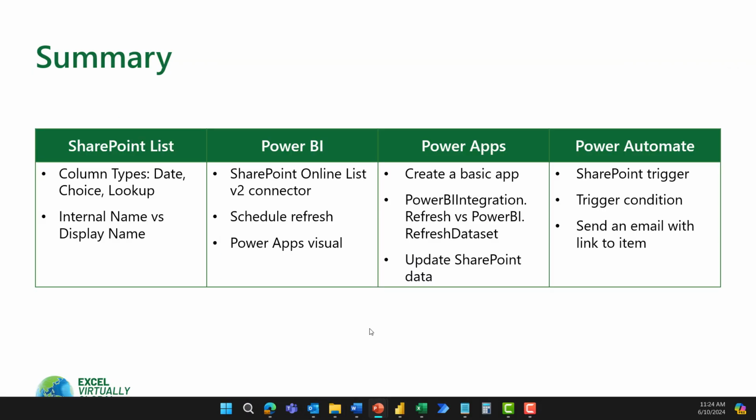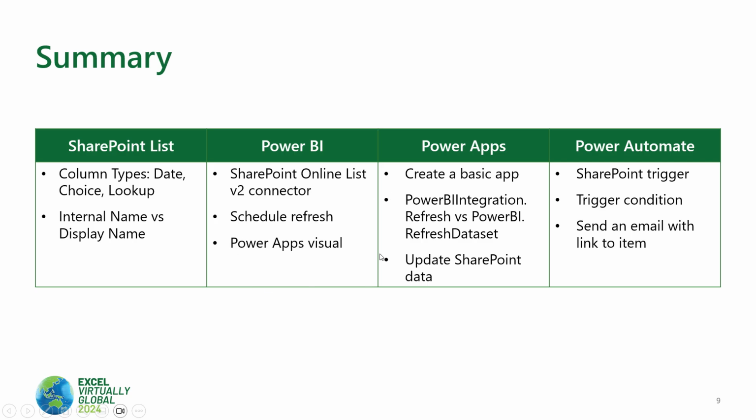Come back to the slide. I have showed you how to add Power Apps visuals, and then when we come to Power Apps window, I have showed you how to create a basic app. The difference between PowerBIIntegration.Refresh and PowerBI.RefreshDataset: if you don't remember, PowerBIIntegration.Refresh just refreshes the visual, not the semantic model.